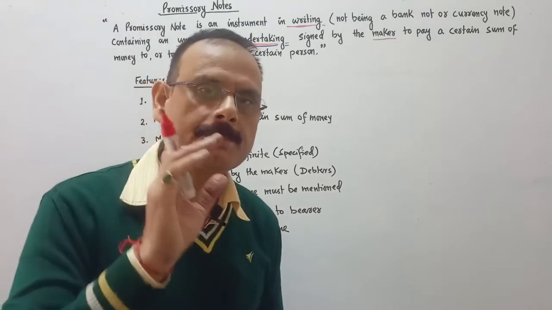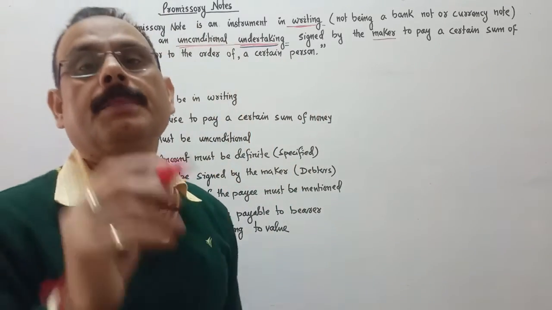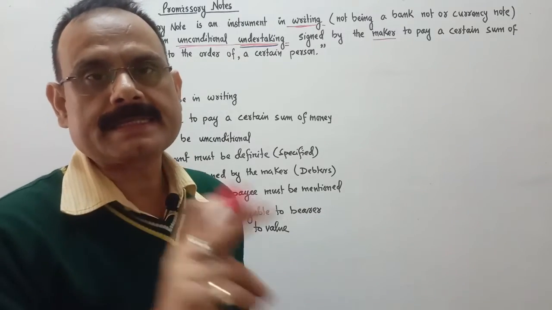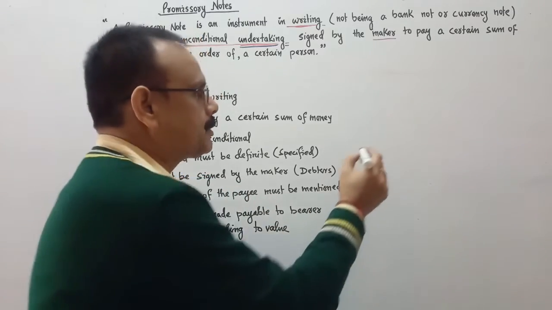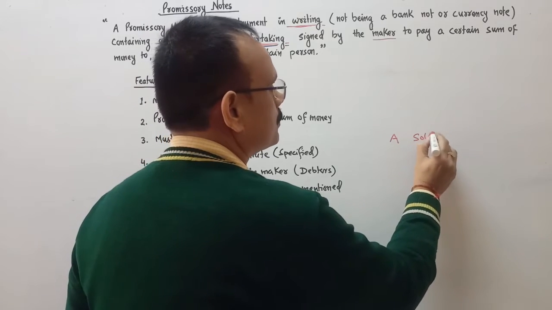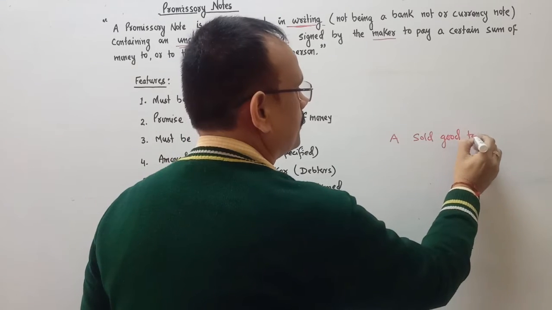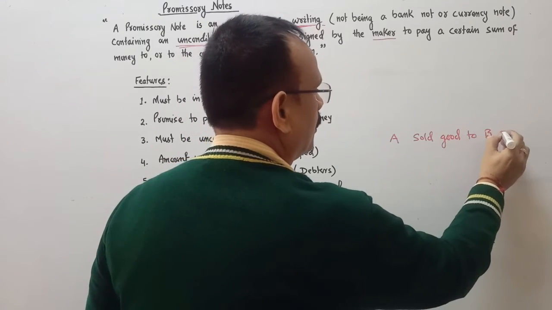Here in the promissory note, the bill is drawn by the purchaser, not by the seller. Suppose A sold goods to B on credit.